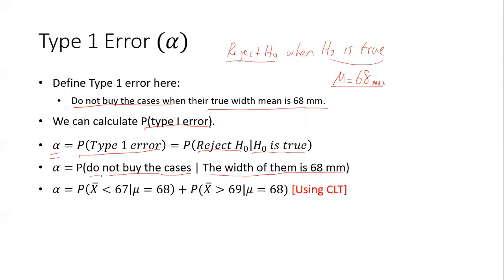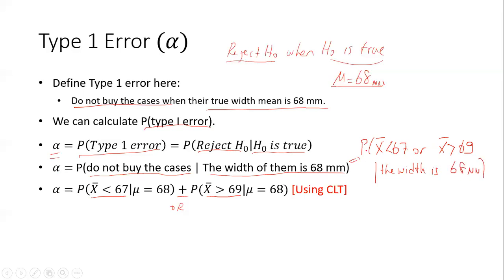So we do not buy the cases if X bar is smaller than 67 or if X bar is greater than 69. In fact, I can just write it like this: the probability that X bar is smaller than 67 or X bar is greater than 69, given that the width is 68 millimeters.